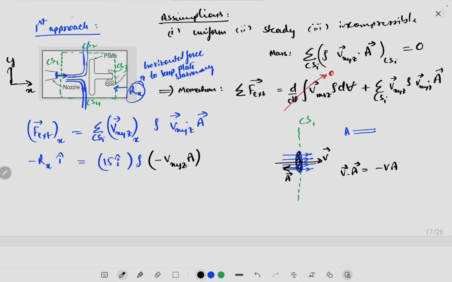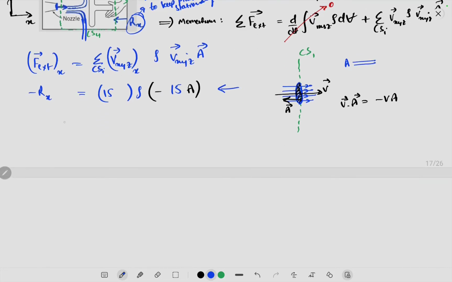All right, and Vxyz we know is 15 with respect to the control volume. Now we have to just write the magnitude, not the vector. So this is 15. Now i hat will cancel out with i hat, and we will be left with this equation.